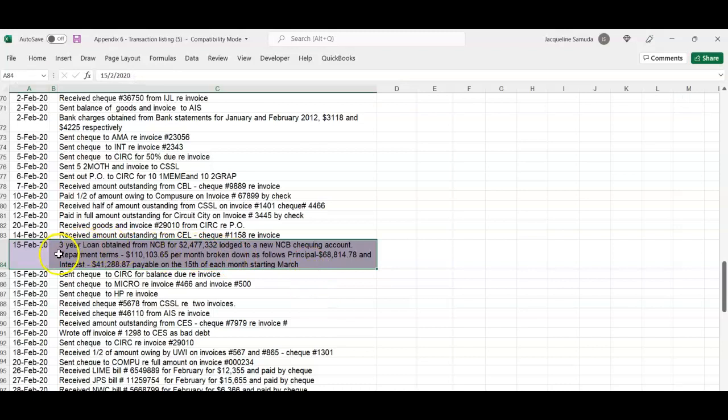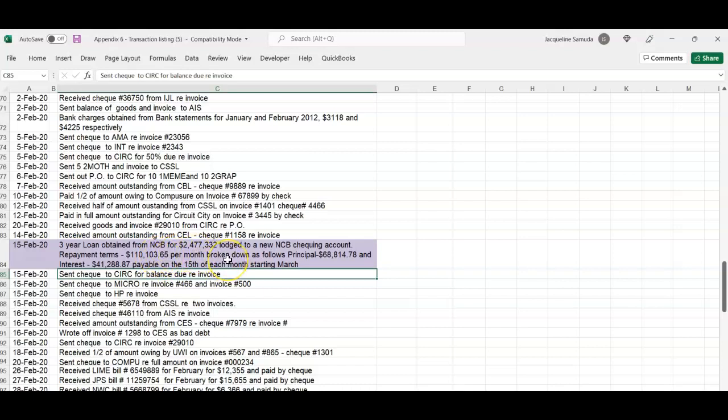Now in the loan for the 15th of February, it gives you the principal, how much it is that you're borrowing, and the fact that you have to create a second bank account to receive the funds. But in addition, it breaks down the monthly payment. You're paying $110,103.65 per month.